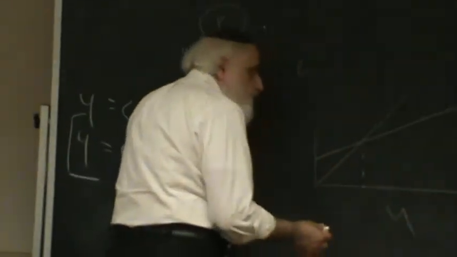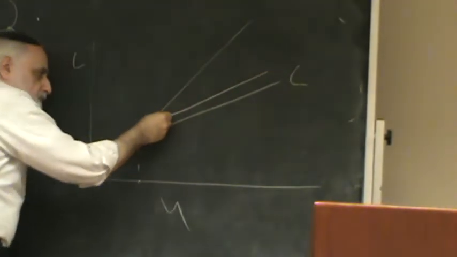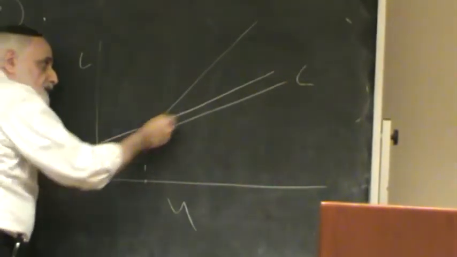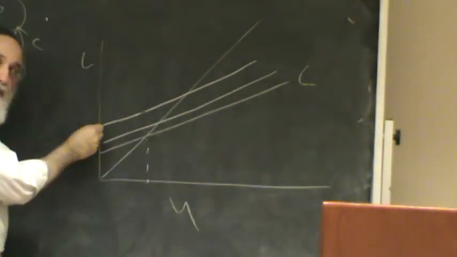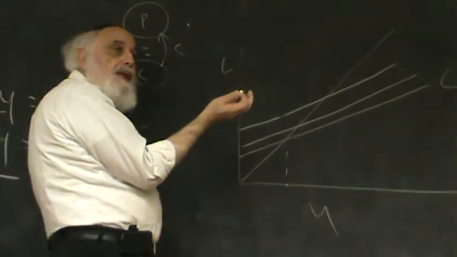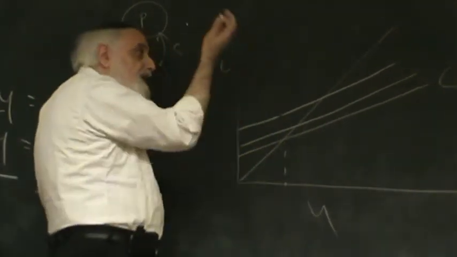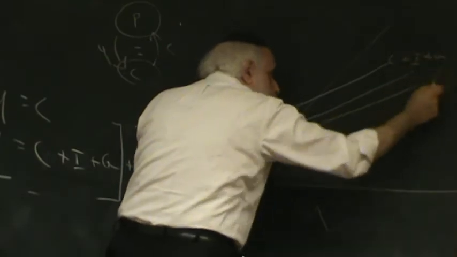Well, that's simple. We make the C line a C plus I line, and then we make the C plus I line a C plus I plus G line. In other words, we take the C line and raise it by I, and then we take that line and raise it by G. So all of a sudden we have the C plus I plus G line.